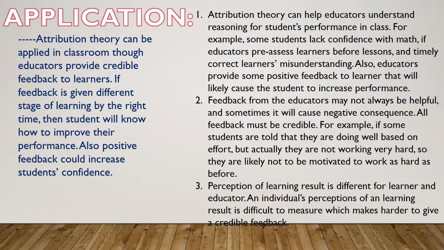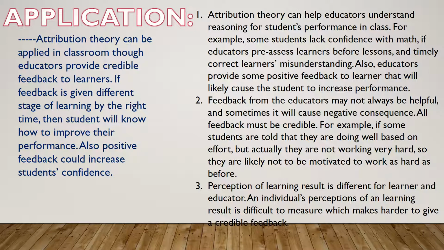Attribution theory can be applied in the classroom through educators providing credible feedback to learners. If feedback is given at different stages of learning at the right time, then students will know how to improve their performance. Also, positive feedback could increase students' confidence. However, feedback from the educator may not always be helpful, and sometimes it will cause negative consequences. All feedback must be credible.